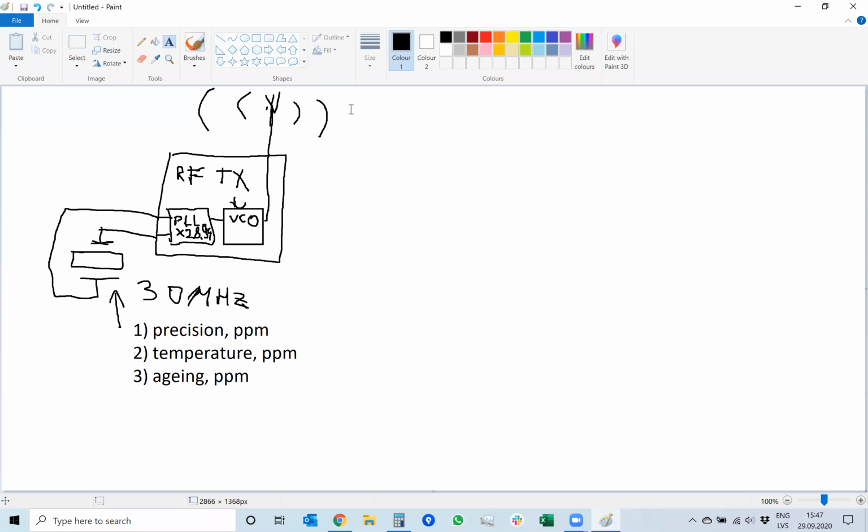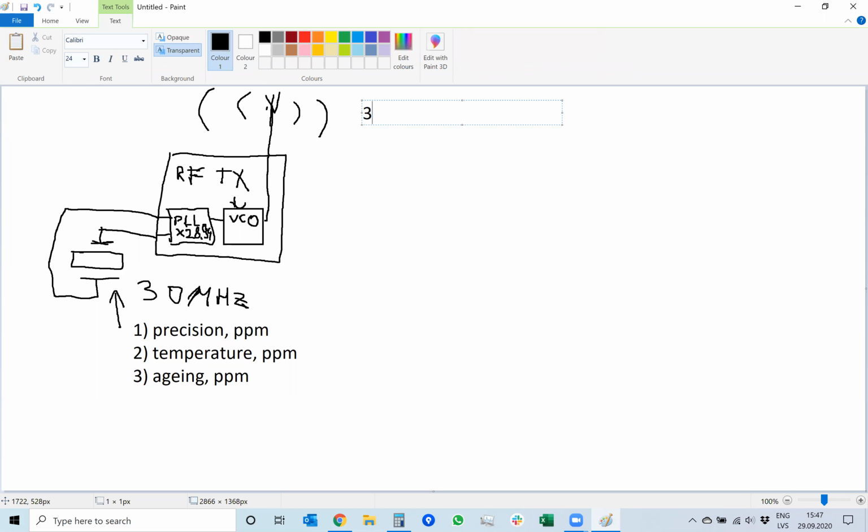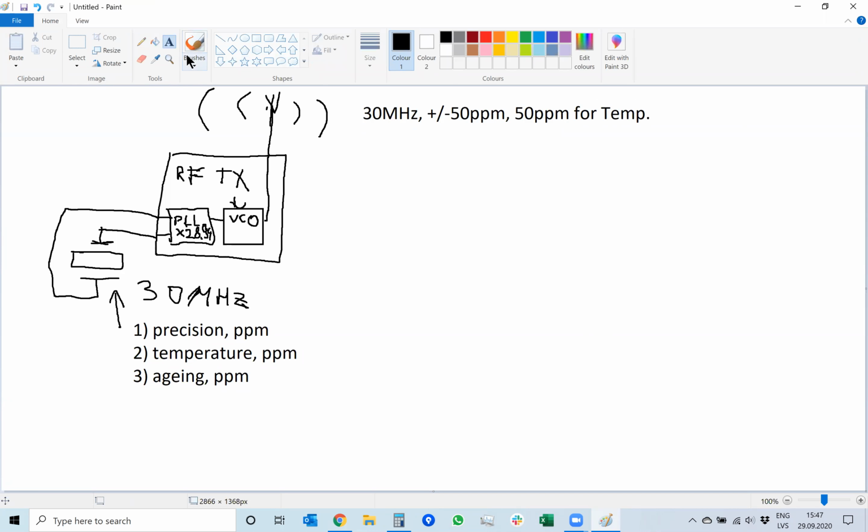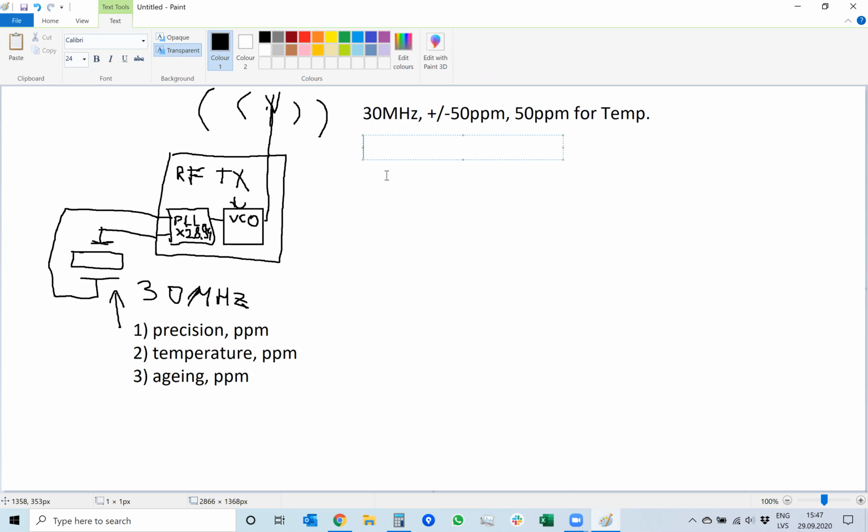Let's say that our transmitter is 30 megahertz, but plus minus 50 parts per million precision and 50 parts per million maximum offset due to the temperature. So what would be the slowest case for this crystal?